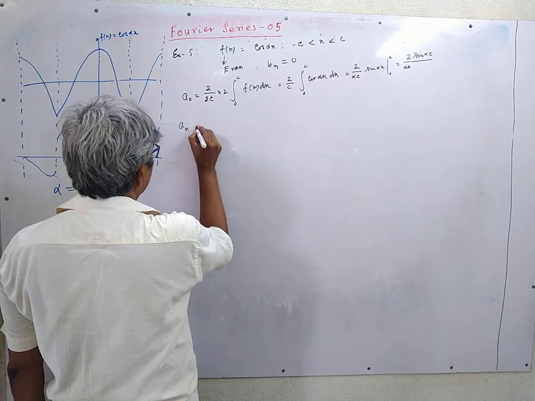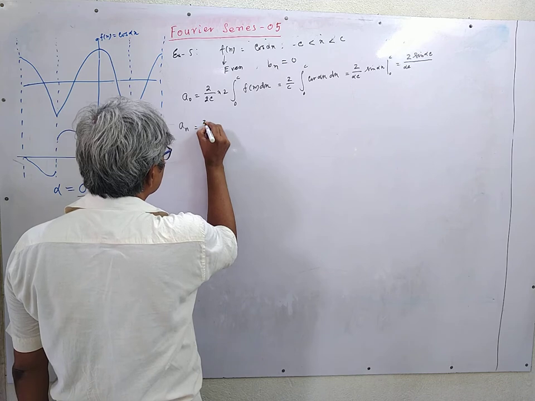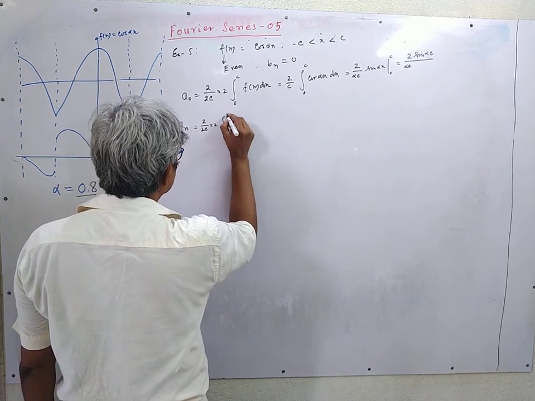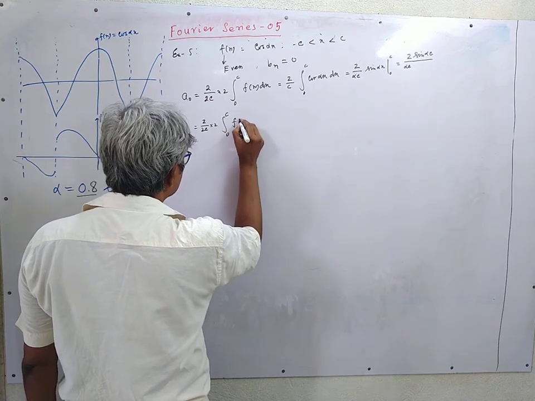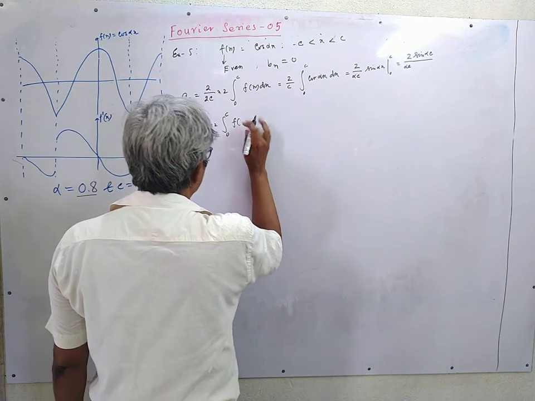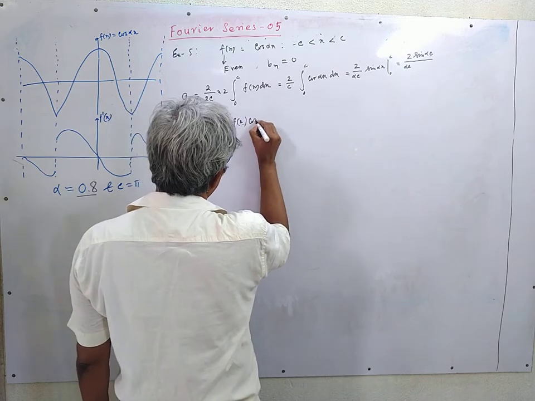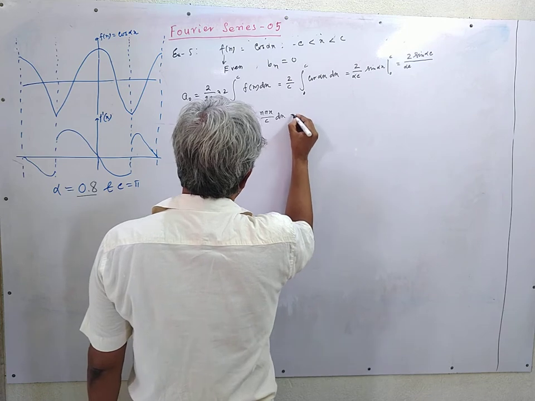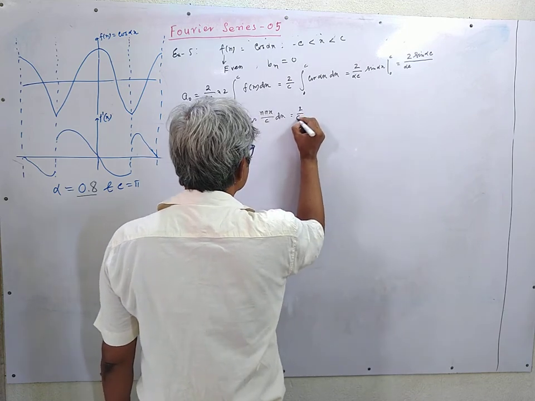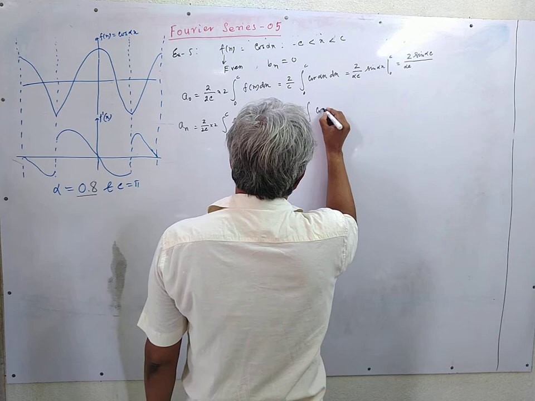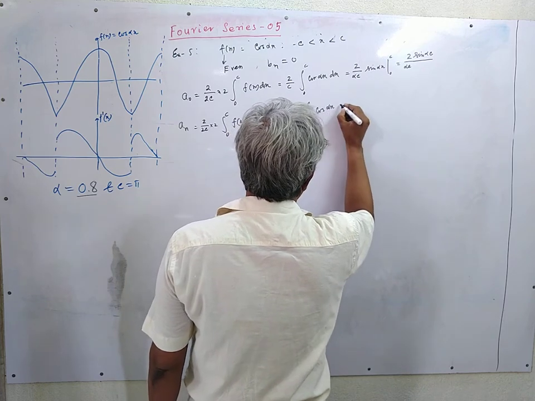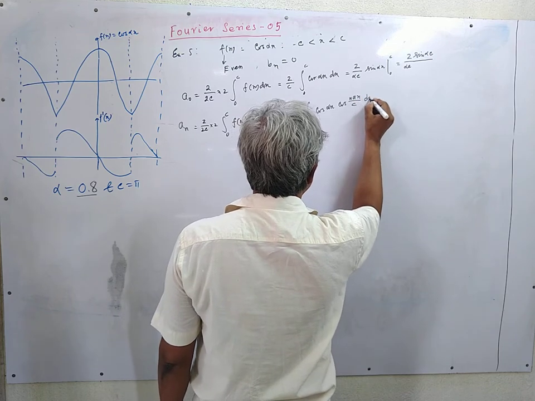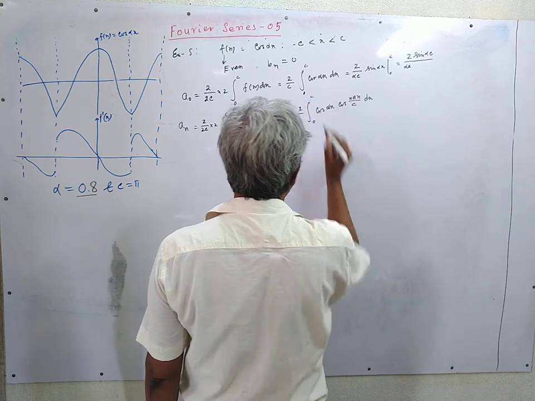an is equal to the integral of f of x cos of n pi x by c dx. This is equal to 2 upon c integral of cos of alpha x cos of n pi x by c dx from 0 to c.